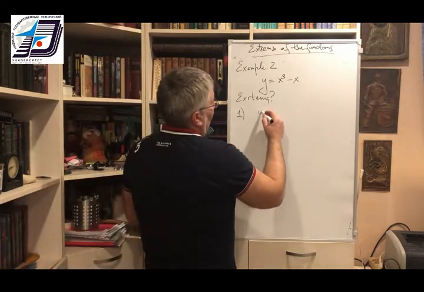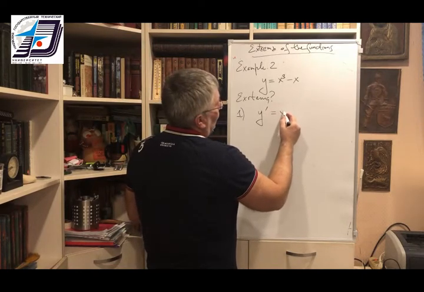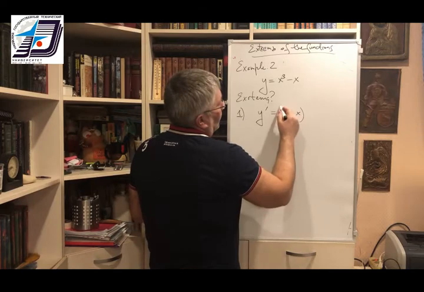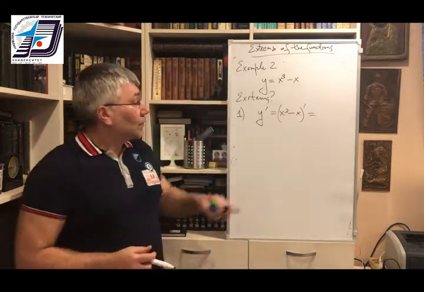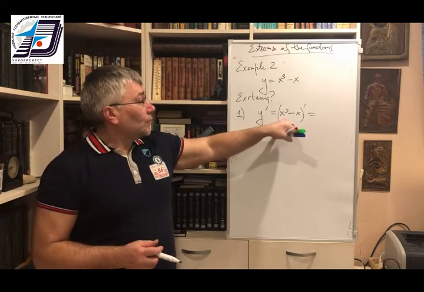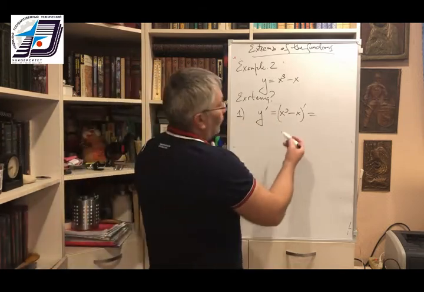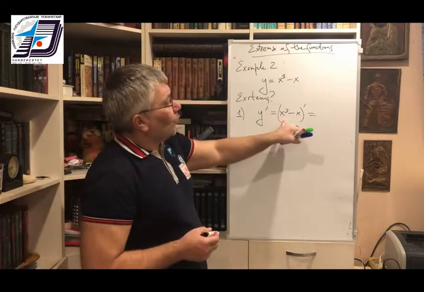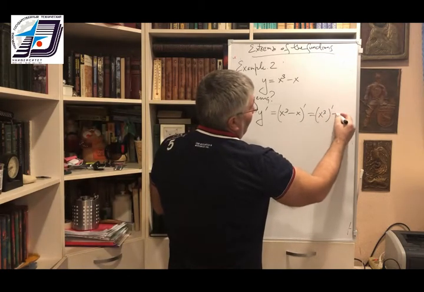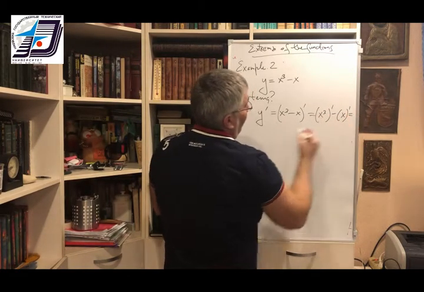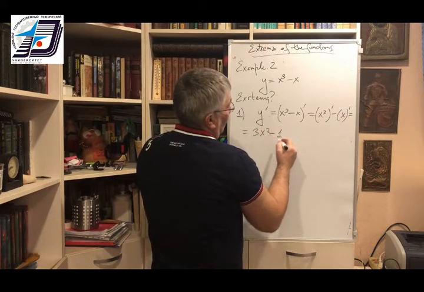So y prime of x equals the derivative of x cubed minus x. We remember that we can use the rule for derivative calculation for summation and subtraction, and we separate the derivative of each term here. And it gives 3x squared minus 1.